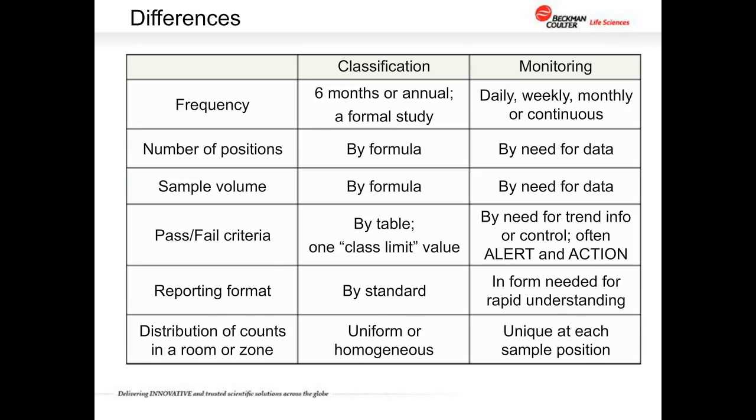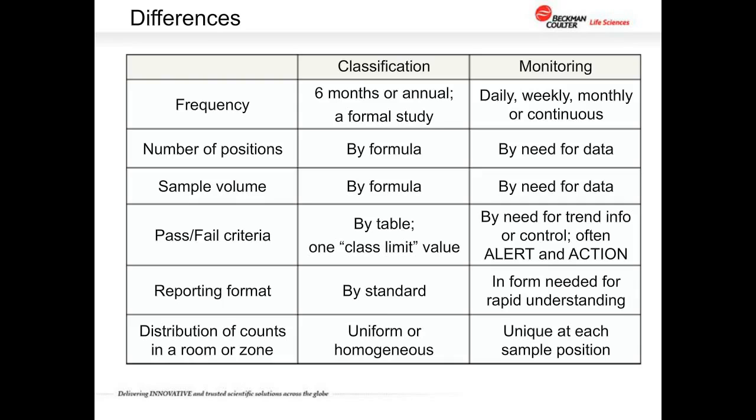One of the key differences with monitoring is that each sample position has some unique characteristics, and it doesn't necessarily relate to the rest of the zone. You could have one position that's extremely clean, maybe even located in front of or underneath a filter, whereas you may have another one where operations occur or people pass by, even though it's in the same considered zone or room. It will have a different characteristic or signature of counts of particles in the air.